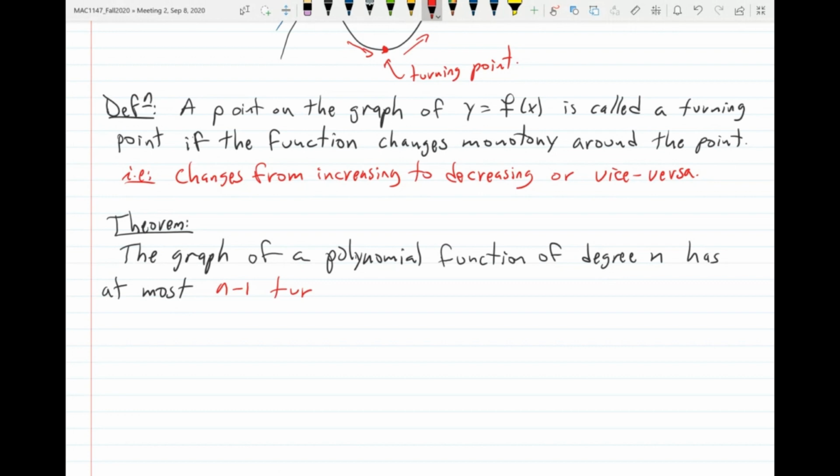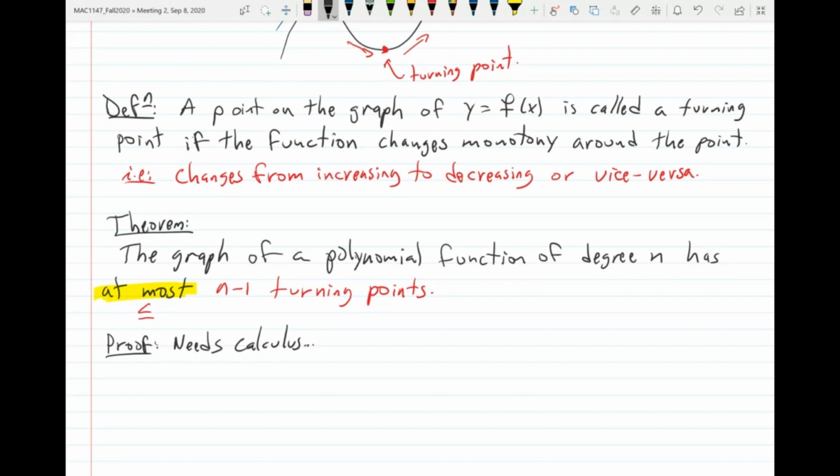It could have less, but no more. For example, there are polynomial functions with no turning points. It may have 0 turning points, okay? At most n minus 1 turning points. In other words, this word at most really translates into less than or equal to, okay? And like I said, the proof for this needs calculus. In calculus, you're gonna learn some ideas that will allow you to justify something like this pretty easily.